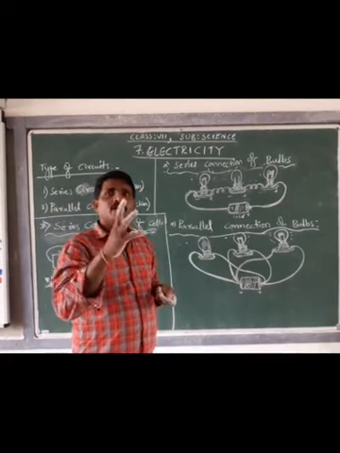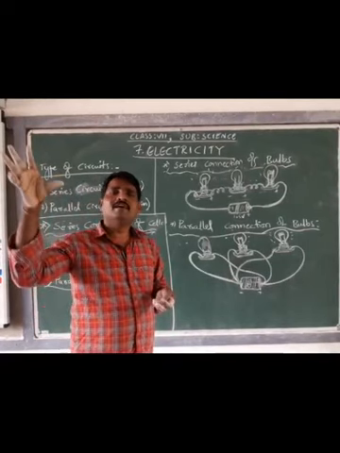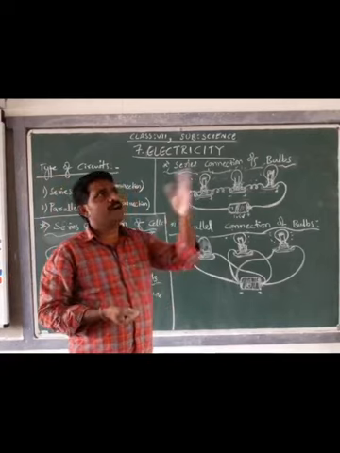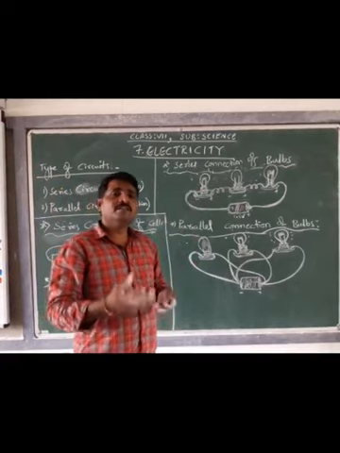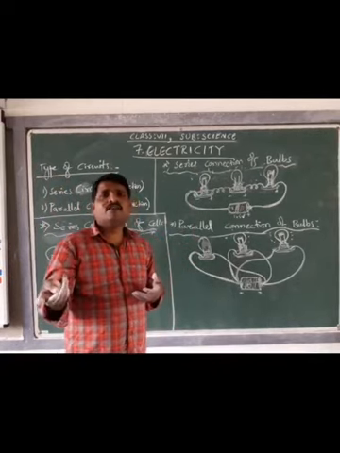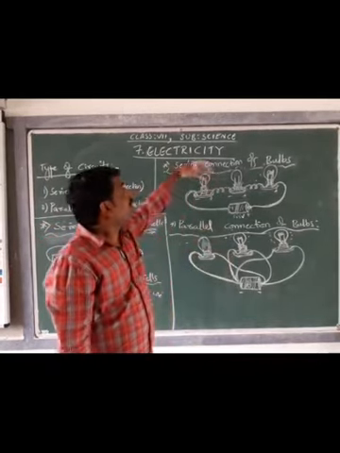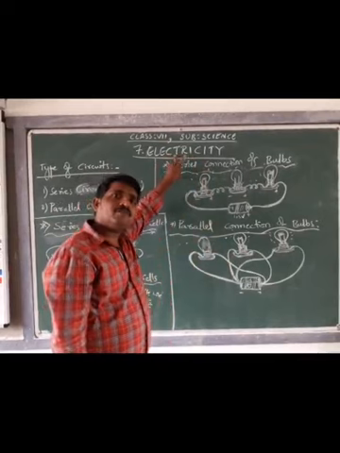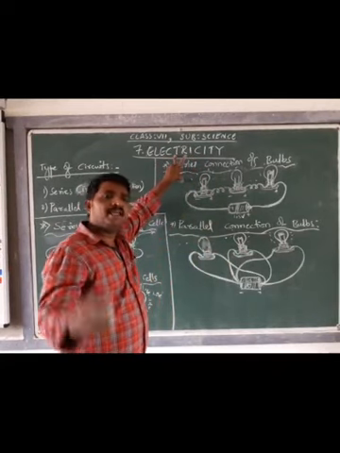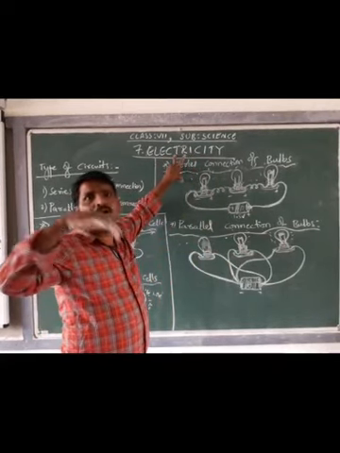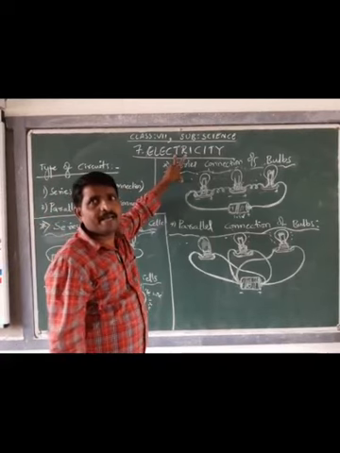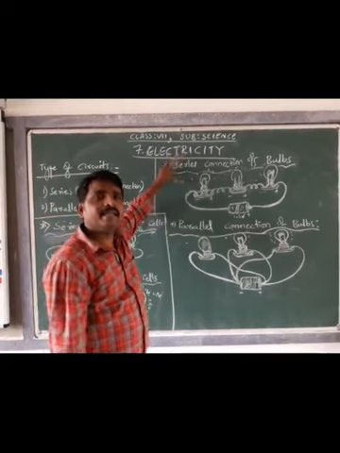If the bulb is shorted, we can operate the fan. If the fan is not functioning, we can operate the bulb, TV and fridge. If the fridge is not functioning, we can operate all the remaining devices. Suppose we had connected our household in series: if the bulb is shorted, the circuit will become open, and we cannot operate any of the remaining devices.